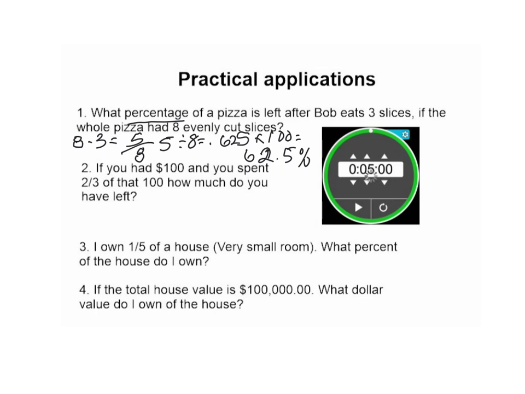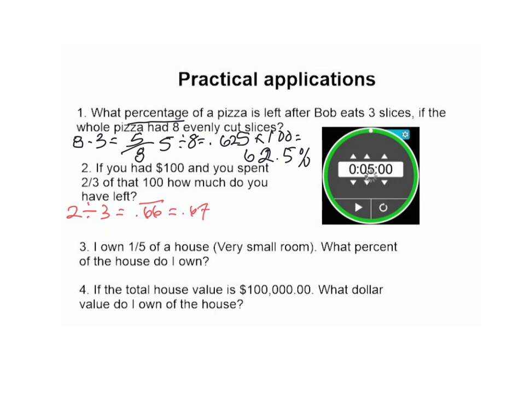Number 2, if you had $100 and you spent 2/3 of that 100, how much do you have left? Oh, well, we'll figure out what 2/3 is. 2 divided by 3. What is 2 divided by 3? It is 0.66 going on forever. So we're going to call it 0.67 for simplicity's sake.